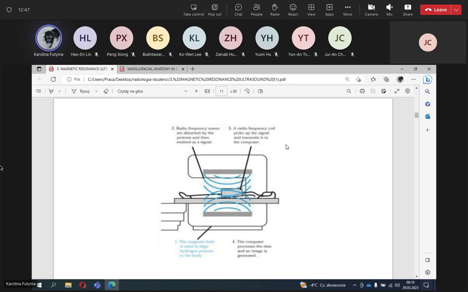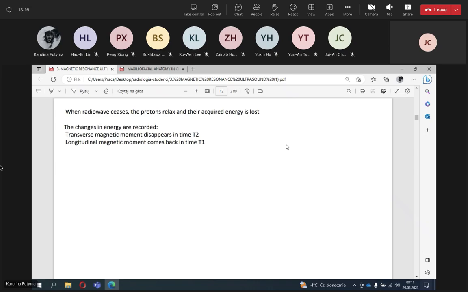We have a description of our radio frequency waves that are absorbed by the protons and then emitted as a signal, of course. Then a radio frequency coil picks up the signal emitted from the protons and transmits it to the computer, to our program. And the computer processes the data and an image is generated and shown as our result.